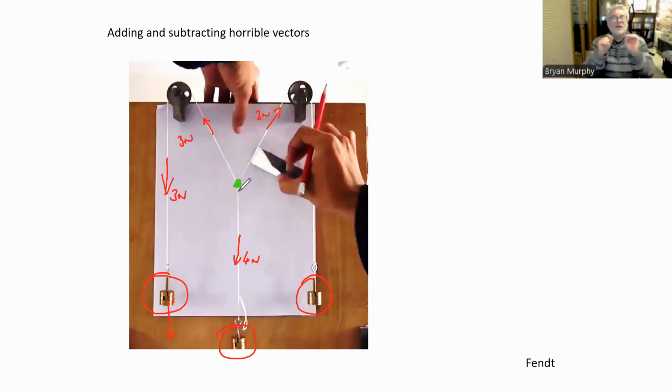The way that you do it quite accurately is, you put the mirror against the paper like that, and the string goes in front of it. Because the pulley is the way it is, the string is about 1 centimeter or so away from the paper.